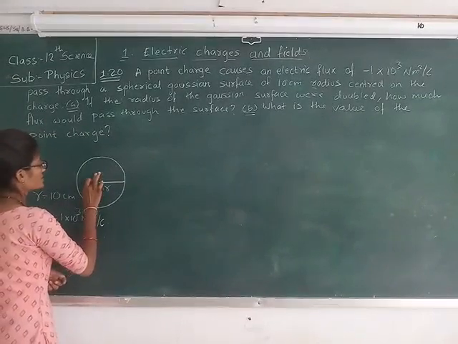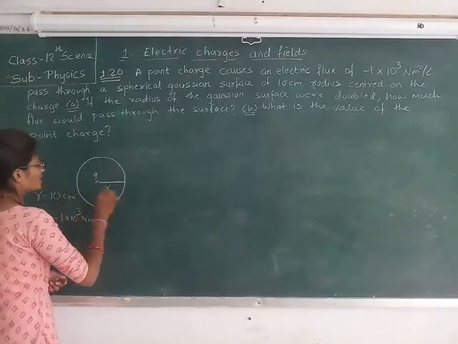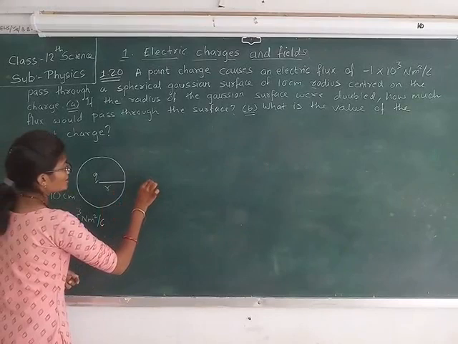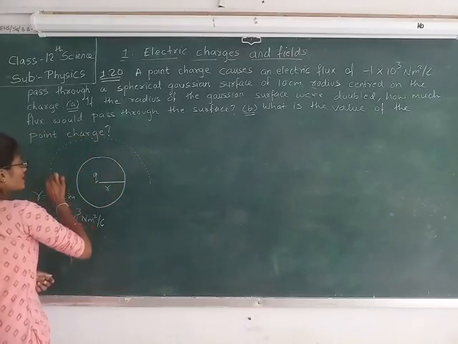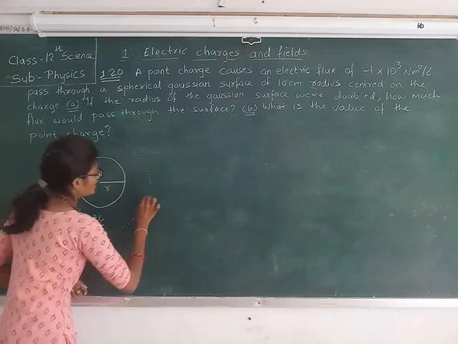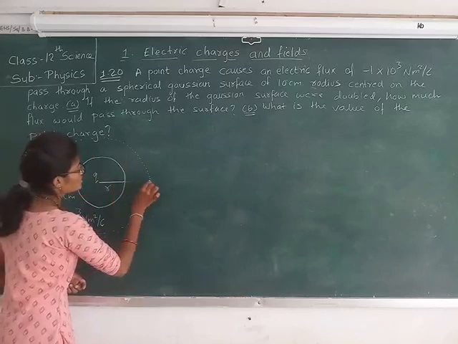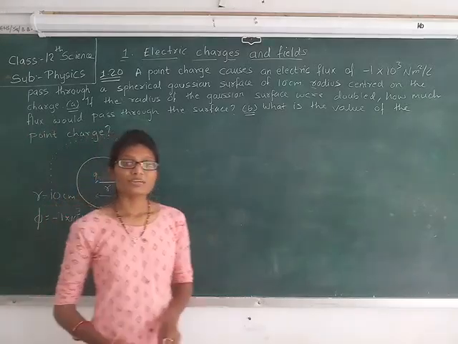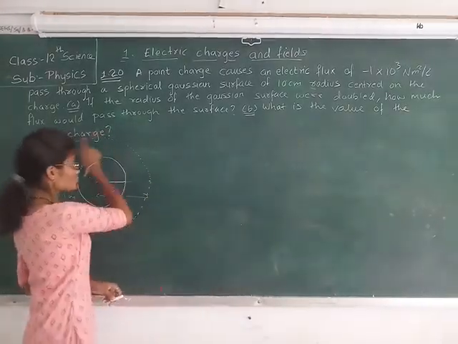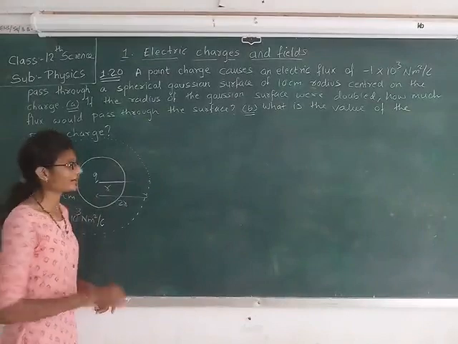Here we have the charge, and suppose we double the radius and have a Gaussian surface whose radius is double. What will be the flux passing through this new sphere?